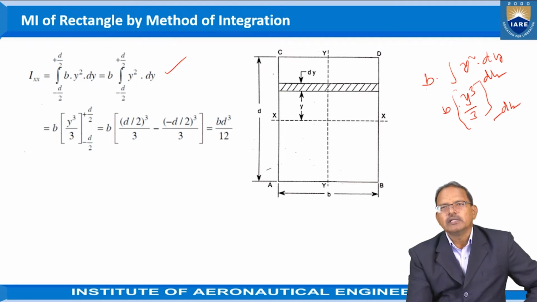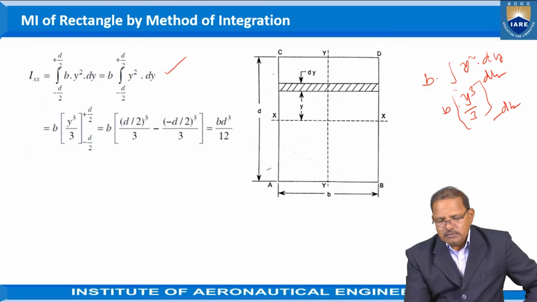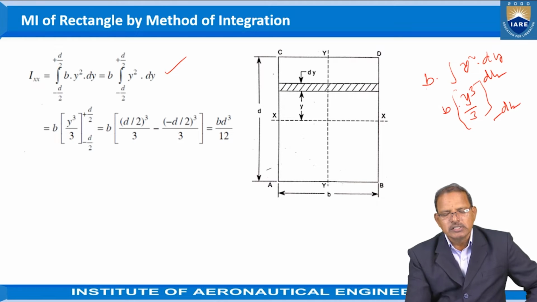That is the moment of inertia of a rectangular section about its central axis: Ixx is equal to b d cube by 12.